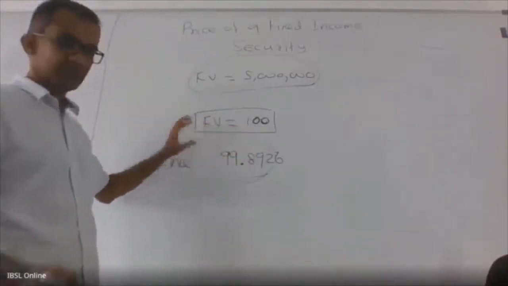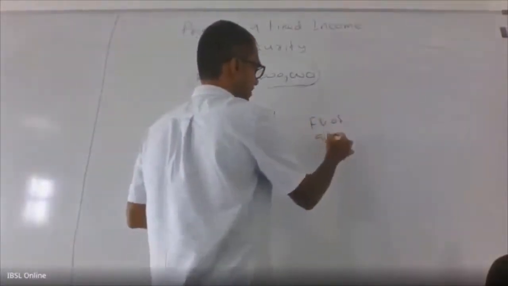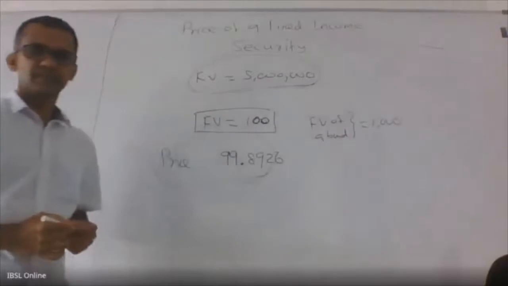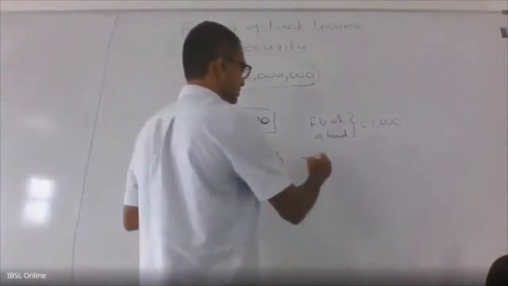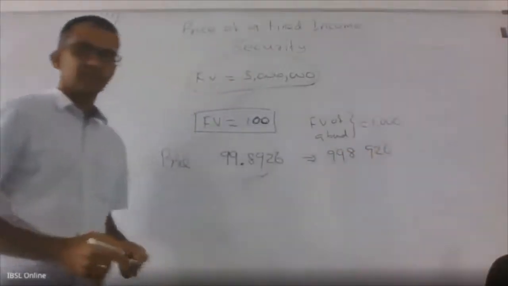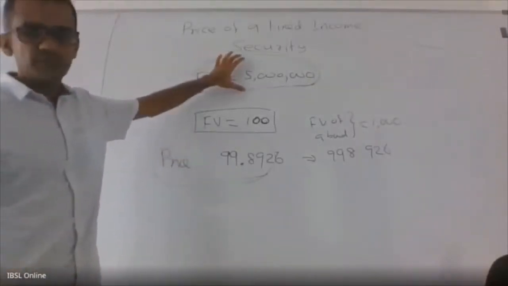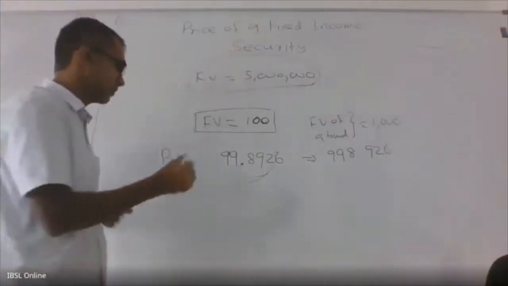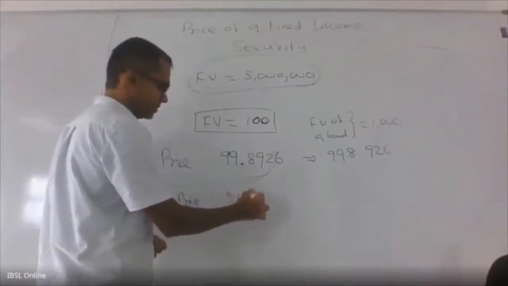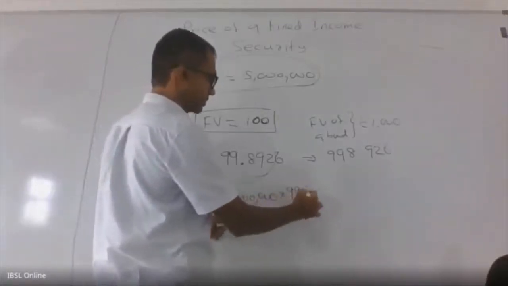But as I told you, the face value of one bond is 1000. Then the real price of this is 998.926. If you want to buy bonds worth 5 million, the price that you have to pay would be 5 million, this is the face value you required, into 99.8926.